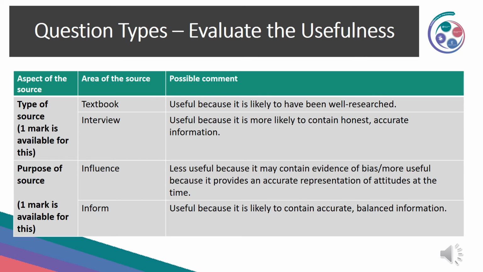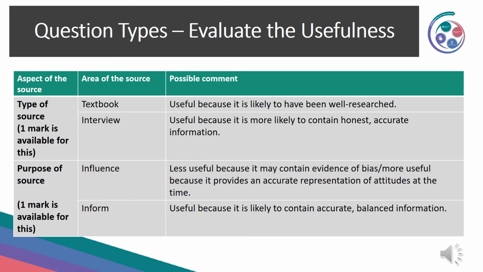The purpose of the source is usually only to influence or to inform. Just as with type of source, there is 1 mark available for identifying the purpose and explaining why it is or is not useful. If a source has been produced to influence the reader, this tends to make it less useful because it may contain evidence of bias.